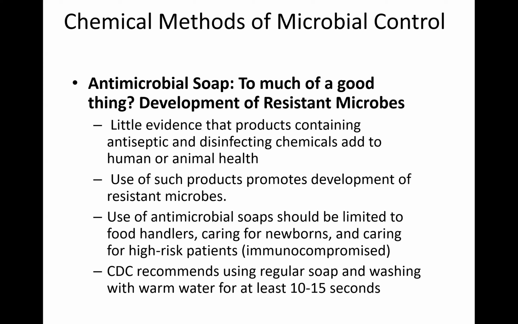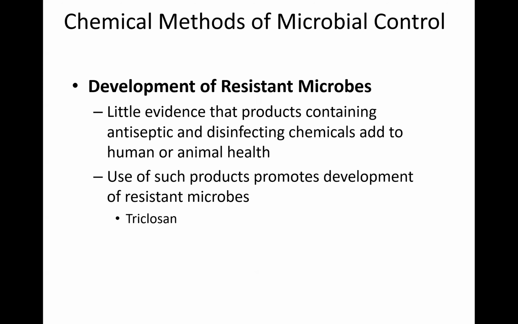Or we can utilize them in the lab for safety purposes, but they should be truly limited as much as possible because of this promotion of resistant microbes. And so the CDC just recommends hand washing with regular soap for 10 to 15 seconds. Again, the goal is to have the least resistant microbes, but there's little evidence that this actually helps human health.